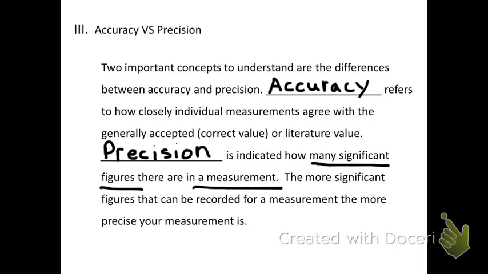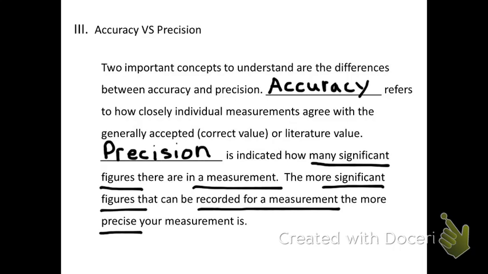Now in our next tutorial we're going to talk more about what significant figures are, but every measuring instrument that you use in the lab is going to have a limitation. And the limitation will only allow us to record a certain number of digits for that measurement. And the more digits, or in other words, the more significant figures that can be recorded for a measurement, it means our measurement becomes more precise.